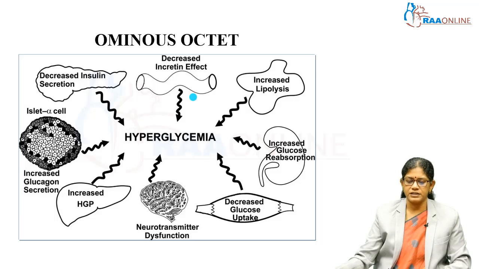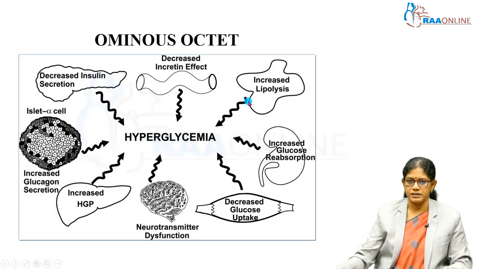Incretins are the substances which are released in our body when glucose is taken. That means when glucose or nutrients are taken, the body automatically releases incretins that stimulate insulin secretion. So, if incretin release is blocked or not proper, that may lead to hyperglycemia.